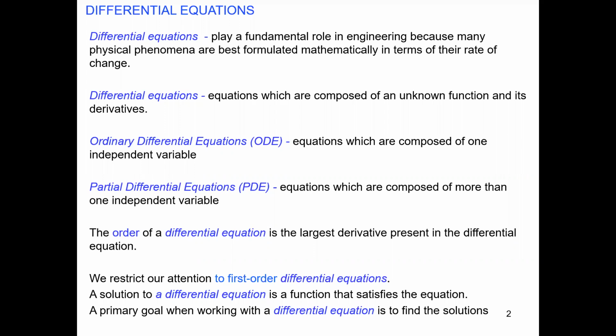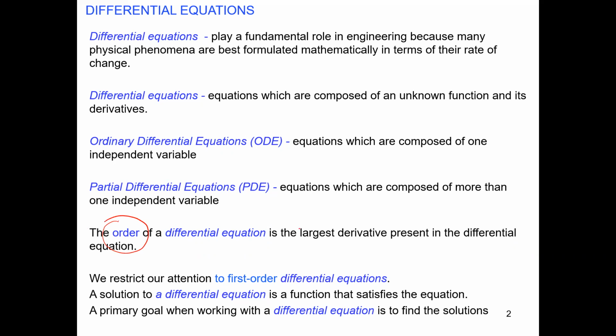But in these two sections of chapter 9, we will mainly focus on ODEs, the ordinary differential equations, which include only one independent variable. Another classification of differential equations is the order. The order of a differential equation is the largest derivative present in the equation.